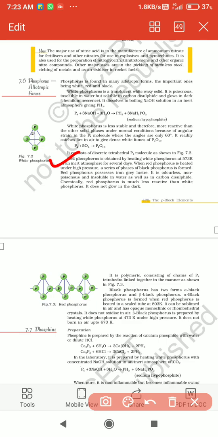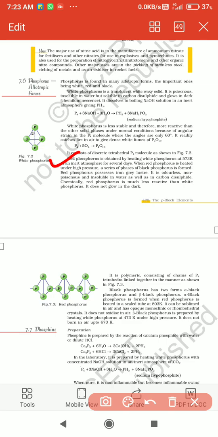It is insoluble in water as well as in carbon disulfide. And it does not glow in the dark.